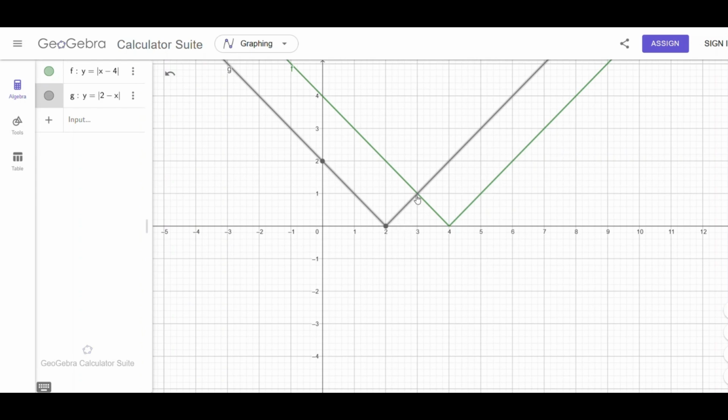I have one solution, when x equals 3. The green sketch is for the modulus of x minus 4. The gray sketch is for 2 minus x. So I have one solution, x equals 3. Okay, this is way 1, sketching. Let's move to way 2.